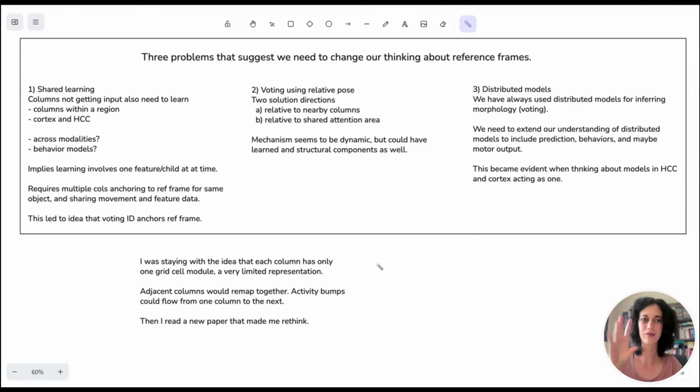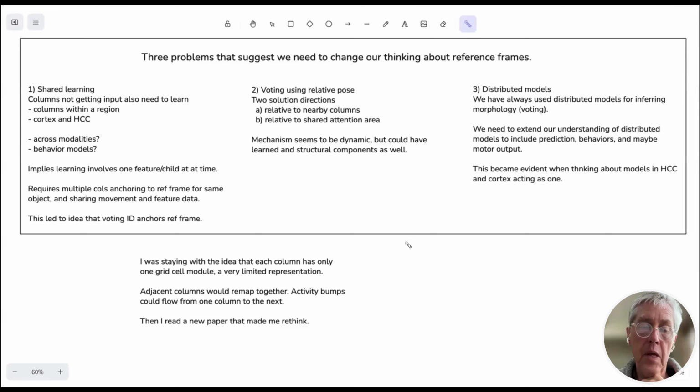I know it's not our front runner, but I think it's worth keeping in mind that instead of thinking about all the columns needing to learn about the object at the same time, one option could be that a column high up in the hierarchy who can learn multimodal representations quickly learns the object representation and replays that later to lower regions, a kind of model transfer lower down in the hierarchy, instead of learning at every level at the same time, just at different speeds.